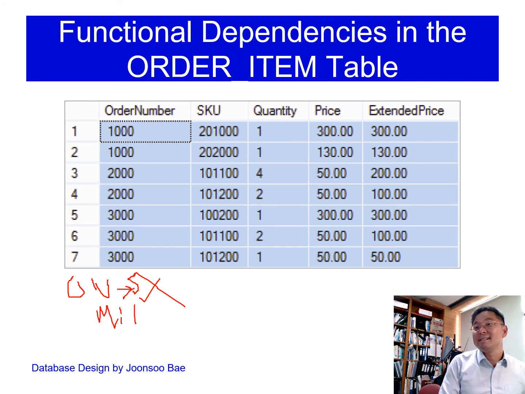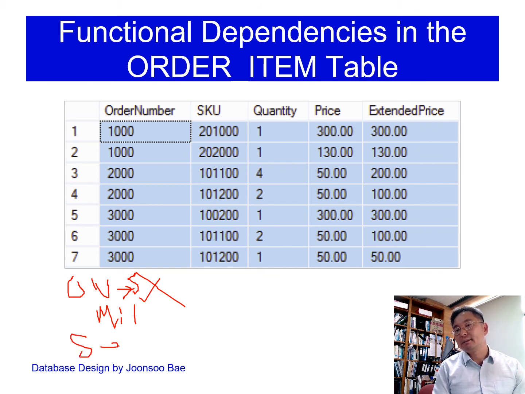How about SKU will determine order number? Oh yes, it's a 1-to-many mapping, so this is a functional dependency.